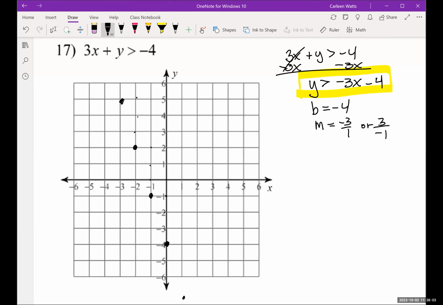Okay, solid or dashed? Dashed. Okay, dashed line. Shade up or down?